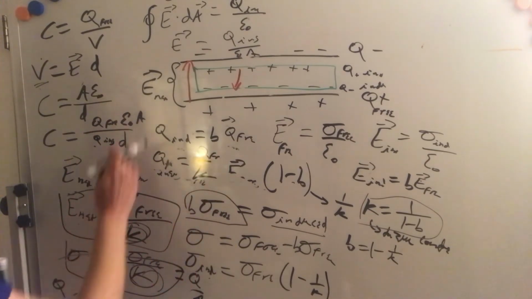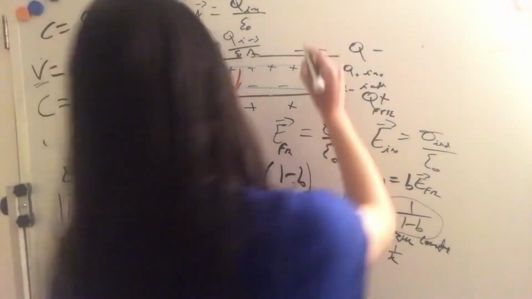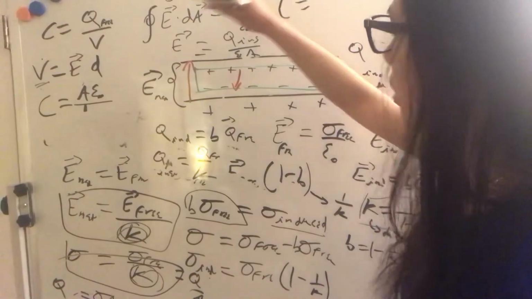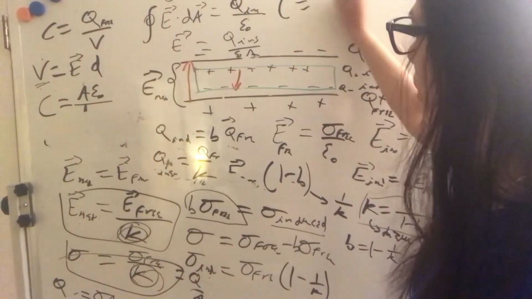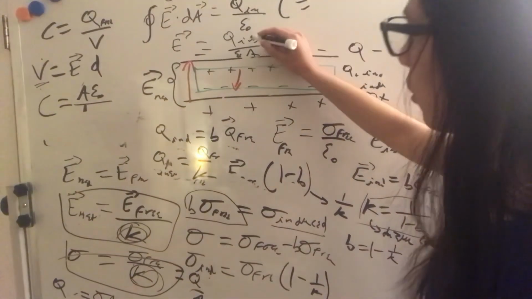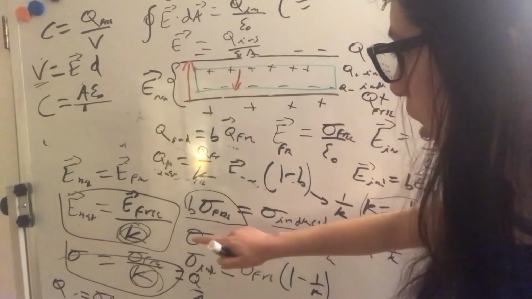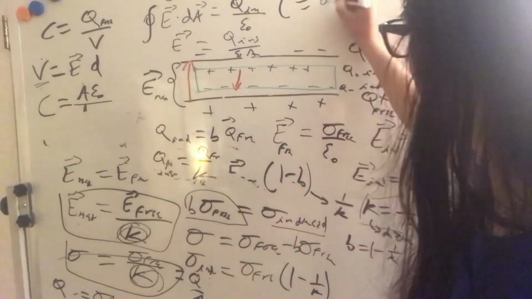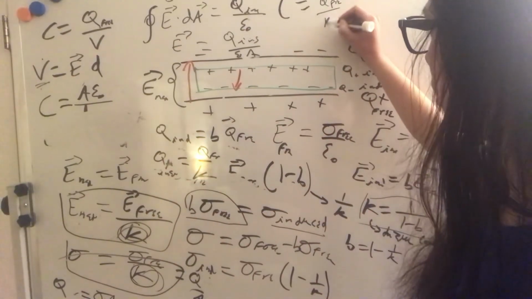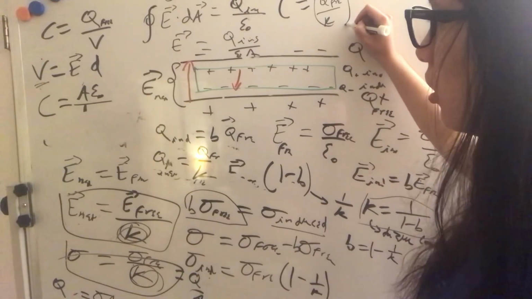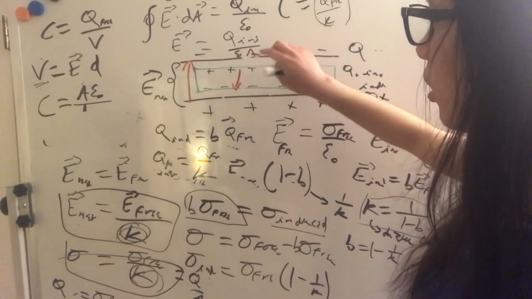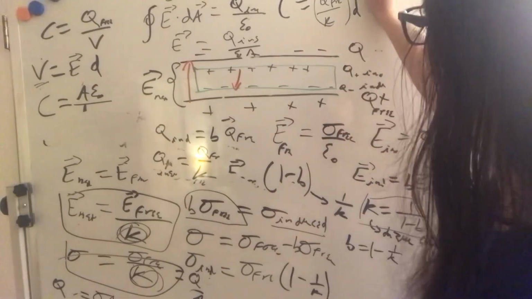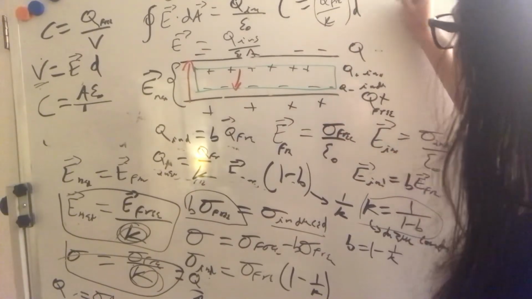So here, let me put it here, we have that capacitance is equal to the charge free divided by the voltage, that is Q inside. Q inside is Q free divided by K, and then I multiply this times the distance, and this epsilon naught times area goes here.